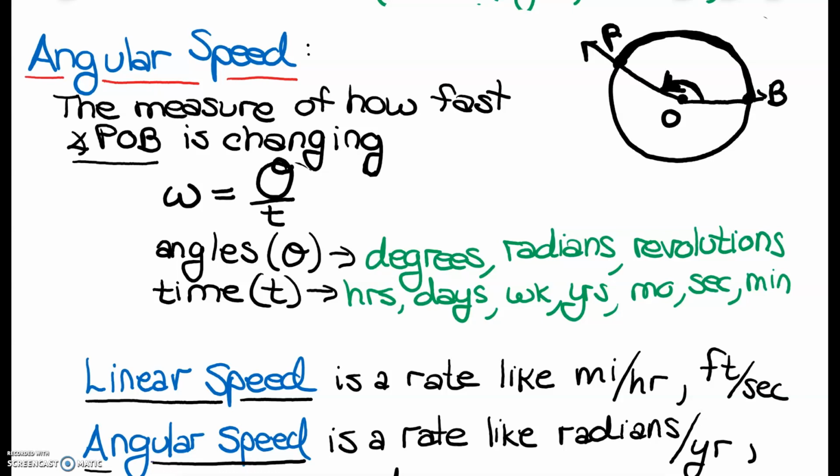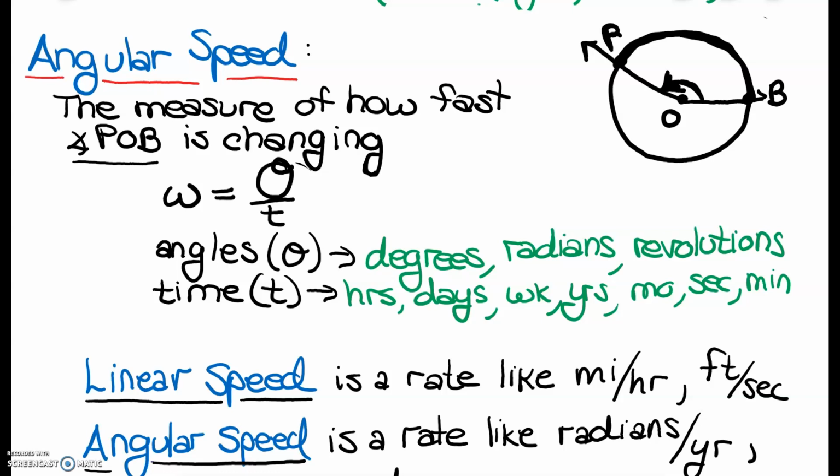We've seen degrees for forever. Radians is something that we just learned, and then revolutions we've seen in some of our word problems. Time, again, can be measured in days, hours, weeks, years, months, seconds, minutes. So again, angular speed is a rate because it's a ratio of an angle measure over the time it takes to travel through that angle.